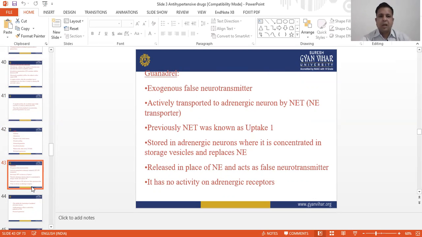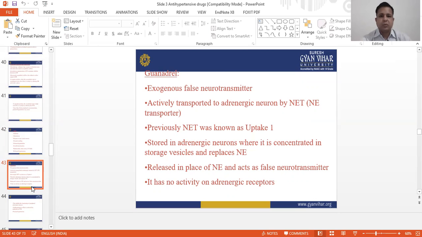Guanadrel is an exogenous false neurotransmitter, actively transported into the adrenergic neuron by the norepinephrine transporter. Previously, the norepinephrine transporter was known as uptake 1.